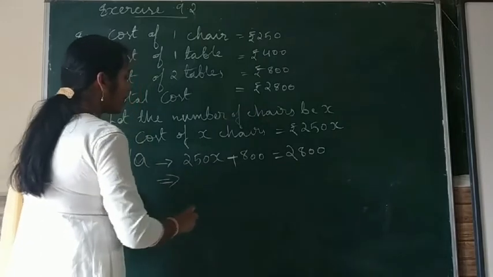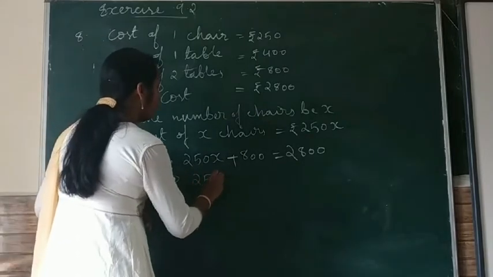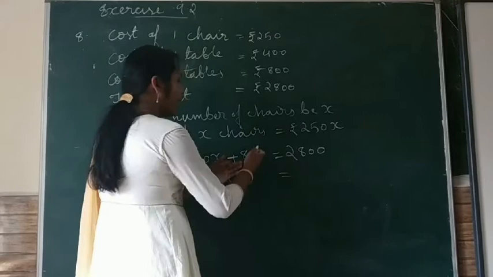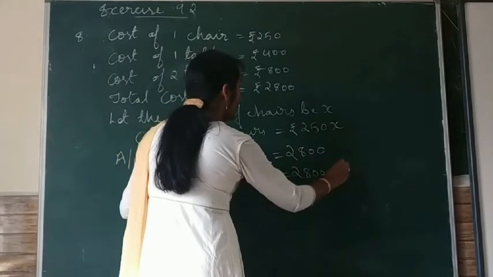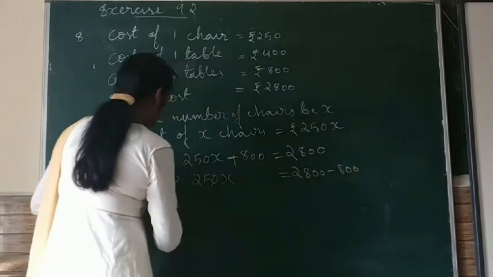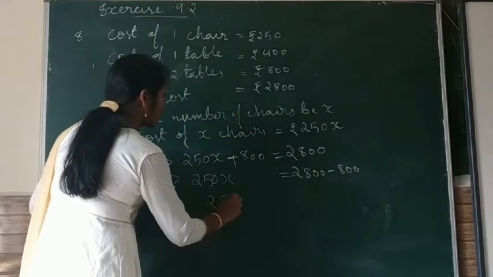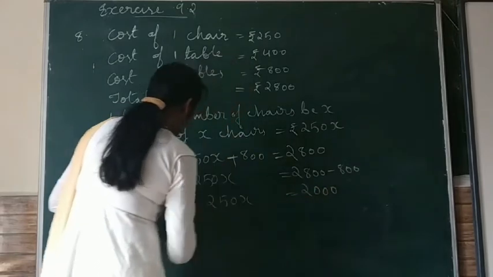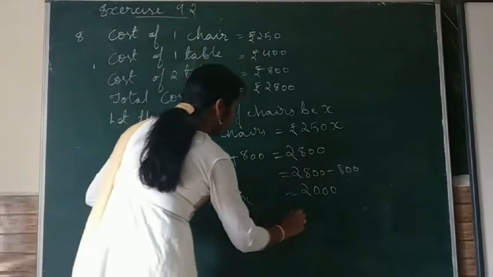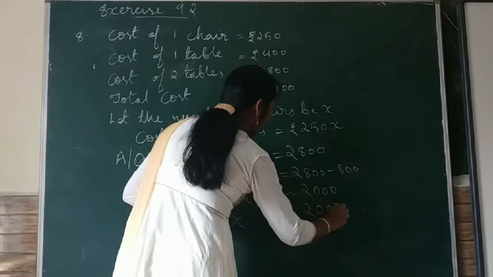This implies 250x is equal to, take 800 to the right side, we get 2800 minus 800, which implies 250x is equal to 2000, which implies x is equal to 2000 by 250.